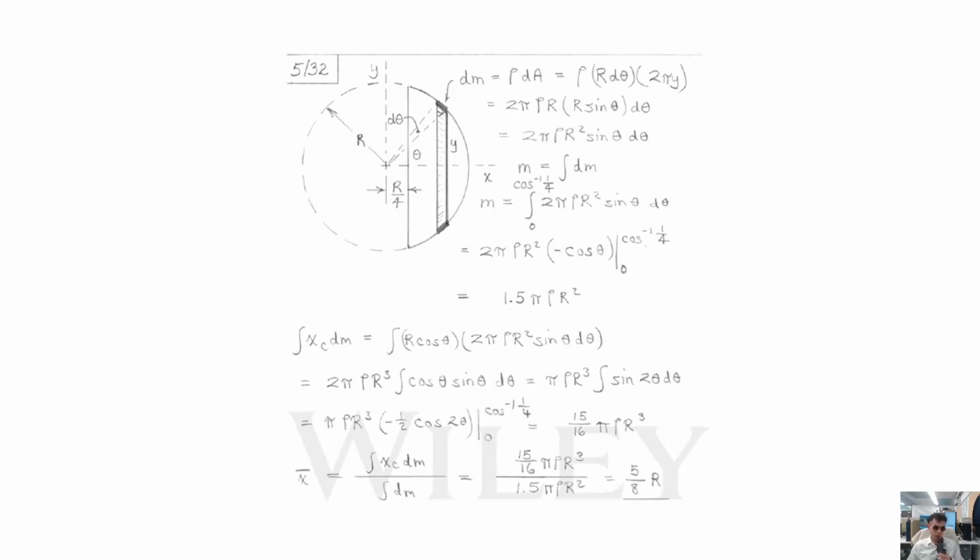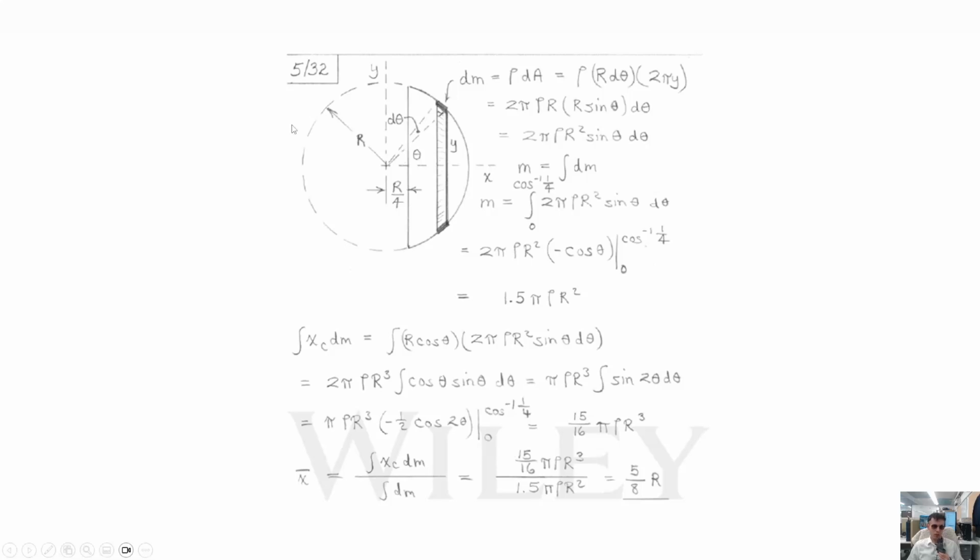You might tell me that 1 unit cannot be small, but anyway, if you don't want to consider it as 1, you can just write t: rho t dA. So how much is the circumference of this shell? It's 2 pi y.